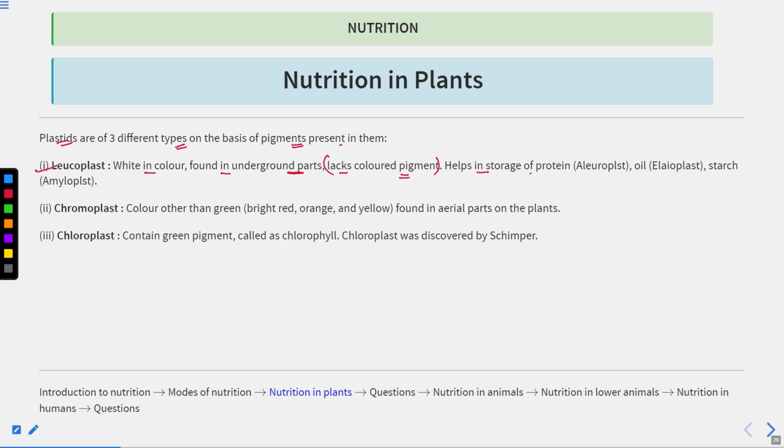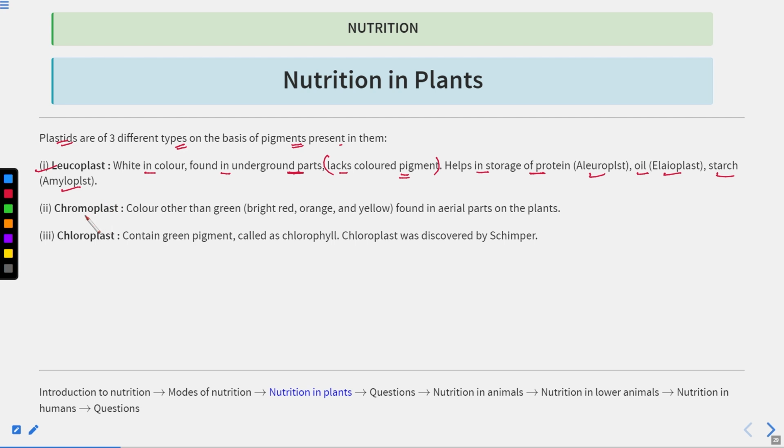They help in the storage of protein. If they store protein, then they are known as aleuroplast. If they store oil, they are known as eleoplast. If they store starch, then they are known as amyloplast. So leucoplast, you can say they are of three types: aleuroplast, eleoplast, and amyloplast.